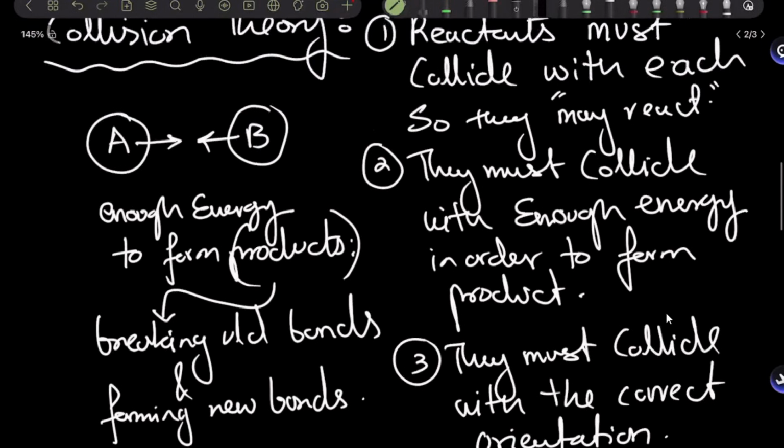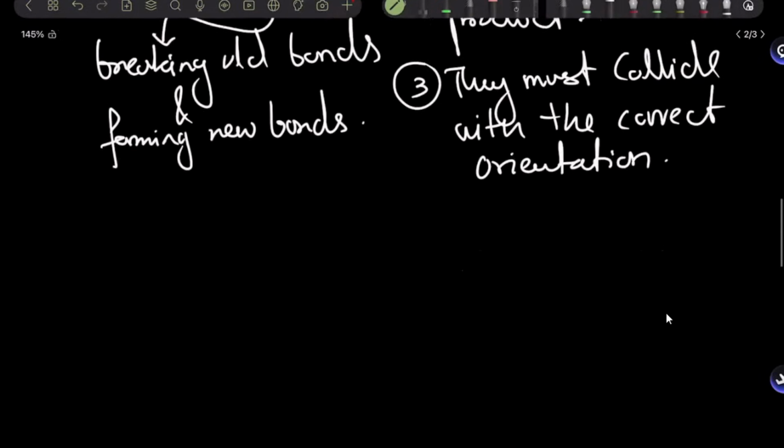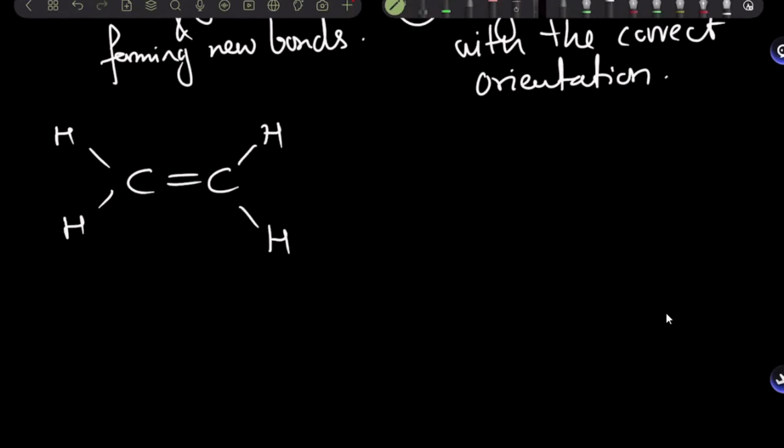I'll explain this with an example because with these A and B molecules, that collision orientation is not very easy to understand. So I'll give you an example. For example, if you have a molecule of an alkene, that is ethene, for example, you've not studied this yet, but still just go with it.